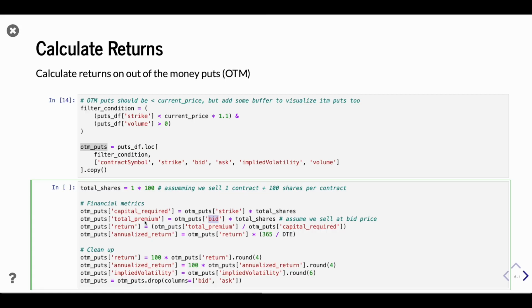But to be conservative, let's say we're going to sell at the bid price, and so our total premium will come from the bid price. Next, our return will be our total premium divided by our capital required. And then the annualized return will be our return times the number of days in a year divided by the DTE. And then finally at the end here, we are just performing some cleanup operations to the data frame.